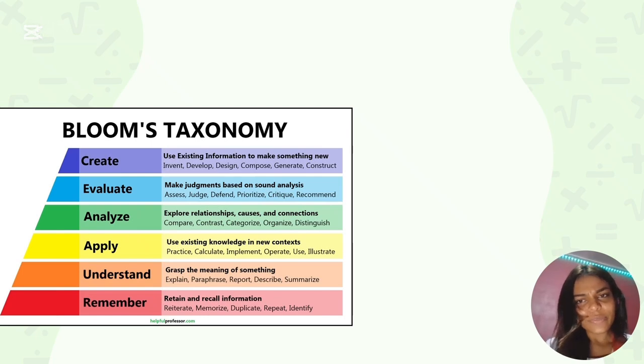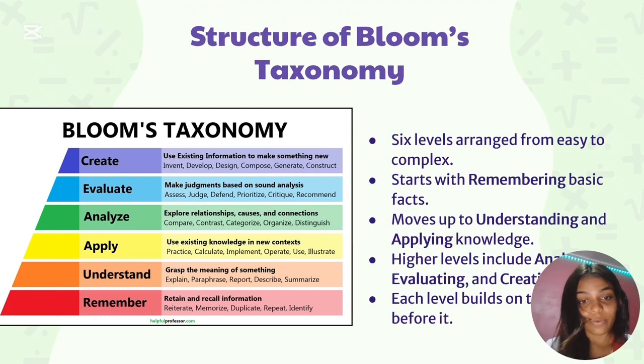Now the structure of Bloom's taxonomy. We have a diagram here that will give you a visual understanding of it. The taxonomy has six levels, arranged from the simplest to the most complex. It begins with remembering, where students recall basic facts. Then it moves to understanding and applying, where students explain and use knowledge.